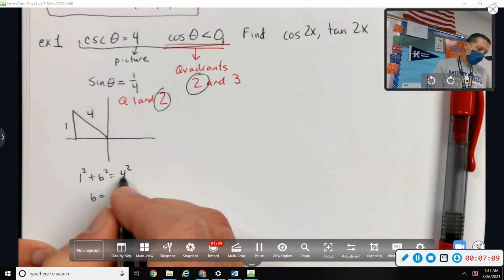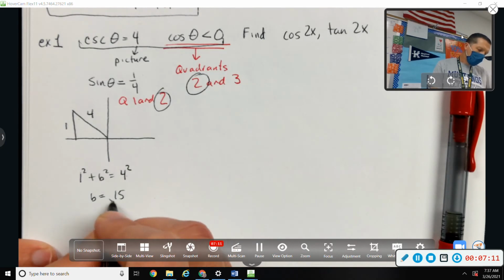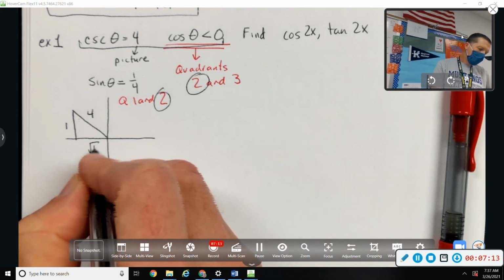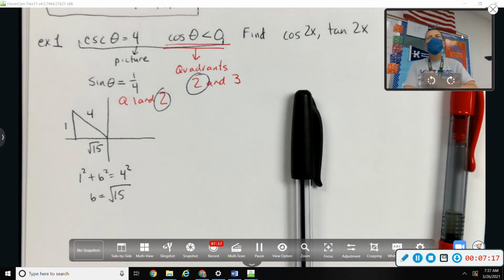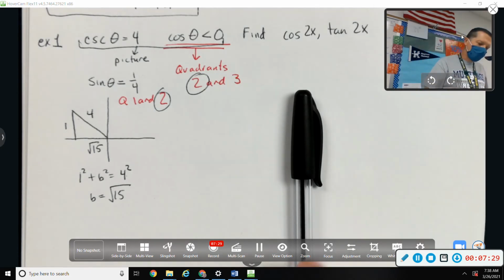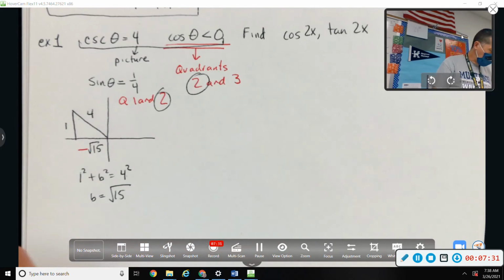So 16 minus 1 is 15. Square root of 15. And yet that's still not exactly correct. What's not right about it? The negative. So again, you always got to be paying attention when you're drawing triangles to put the negative on there.